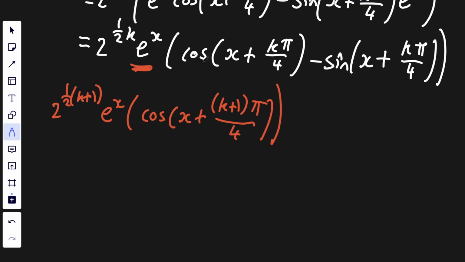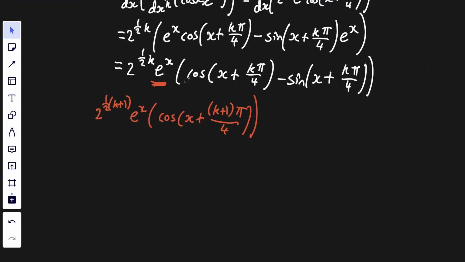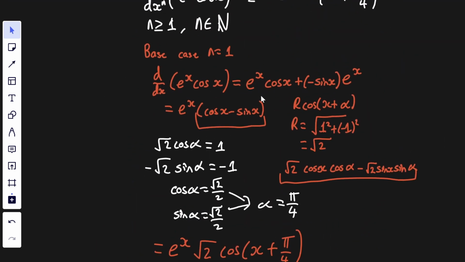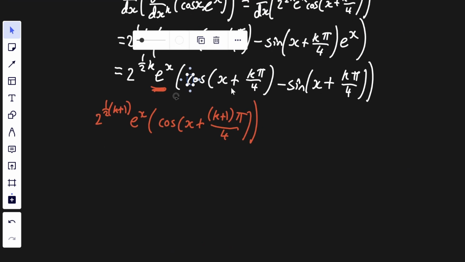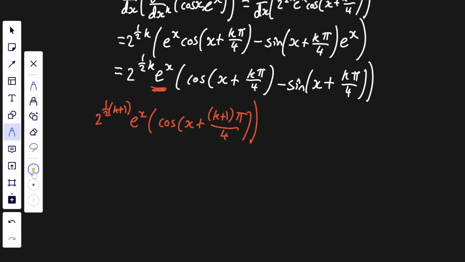Now, I realize here that I spot something very similar to what we had in our base case. If I scroll up to our base case, we've got something similar, except we haven't got x now. We've got x plus k pi on 4. So I'm going to say that theta is equal to x plus k pi on 4.